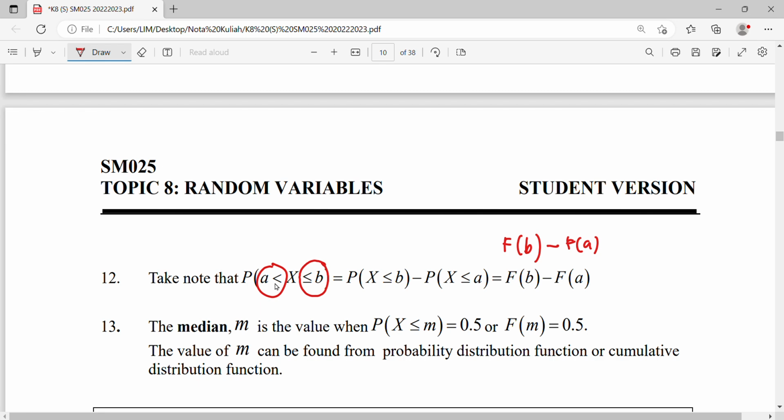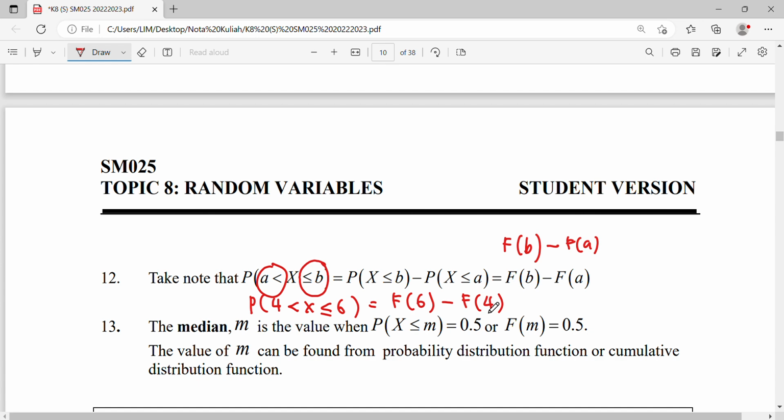Alright, so I give you an example like probability between 4 and 6. So we can use F6 minus F4. Accumulate the probability until maximum 6 minus 4. We can minus 4 because 4 is not included. Minus means we get out the probability that already accumulate up to 4.